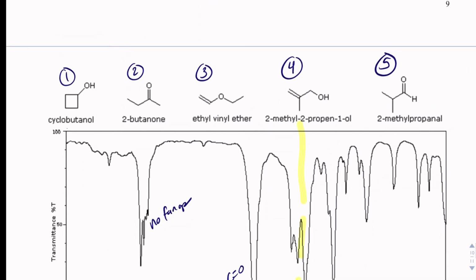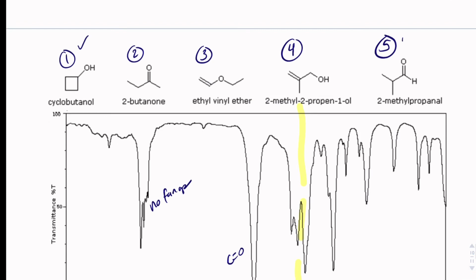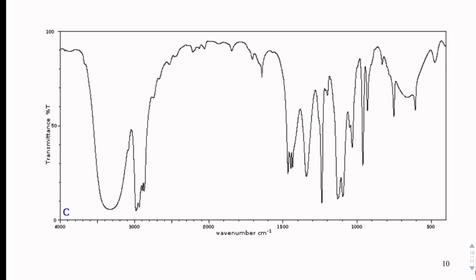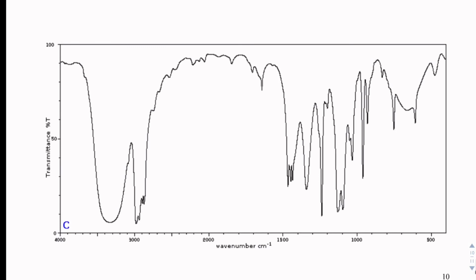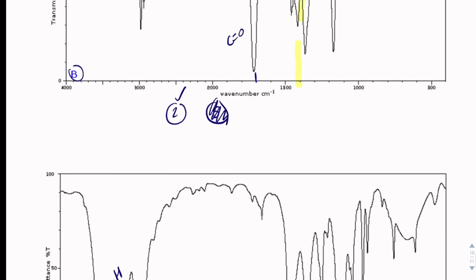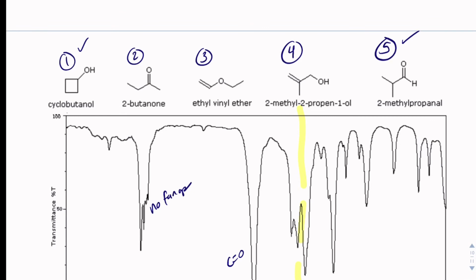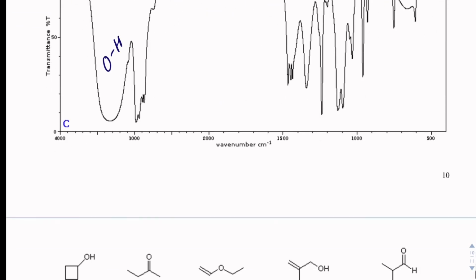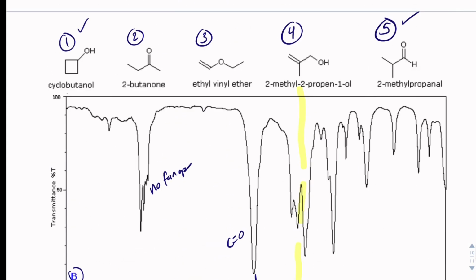Okay, so we've gotten 2 of them down. Let's keep moving. On C, hopefully when you see this, this is for sure an alcohol group. Very parabolic, very straightforward. So the letters that have alcohol are 1 and 4. The only difference between 1 and 4 is that 4 has this double bond.